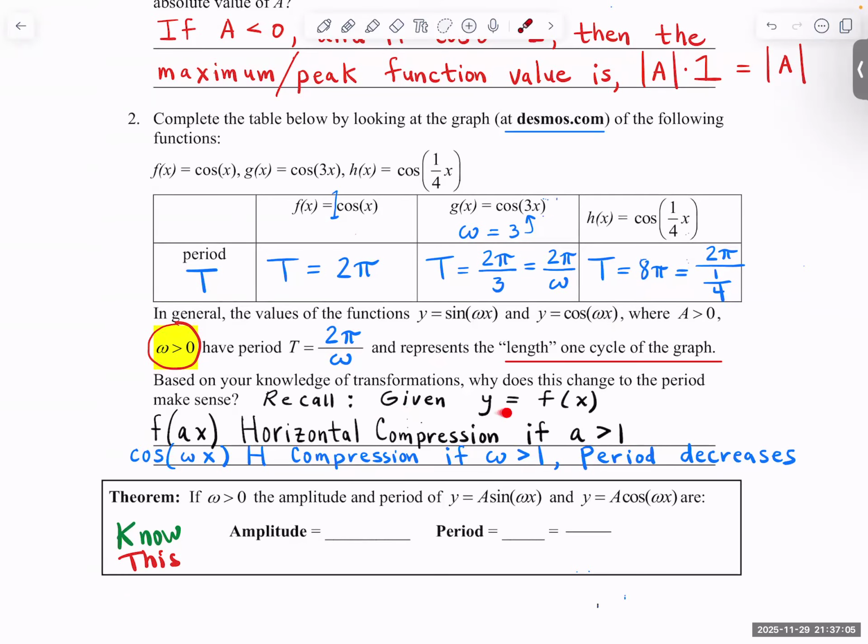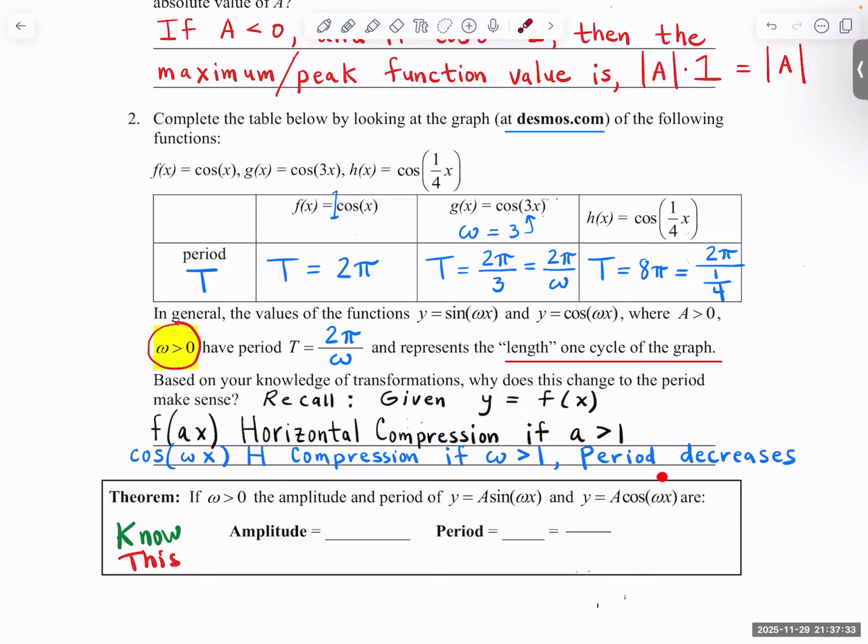Recall, given a basic function, f of a times x, where a is multiplying the input in the argument, there will be horizontal compression if a is greater than 1. For cosine omega x, there will be horizontal compression if omega is greater than 1.